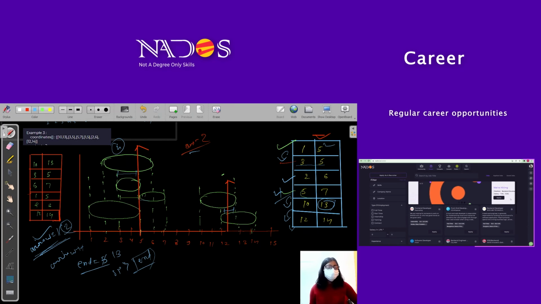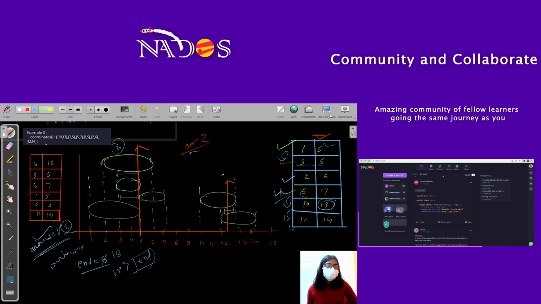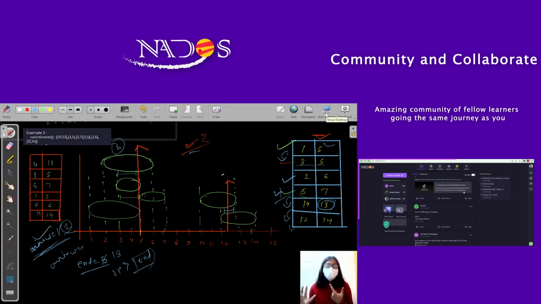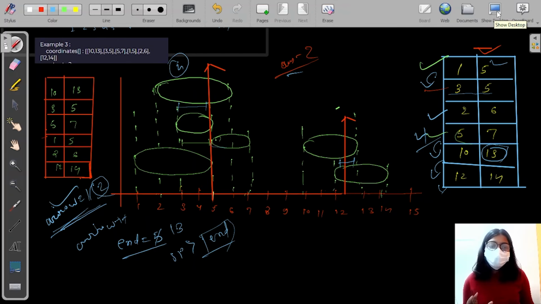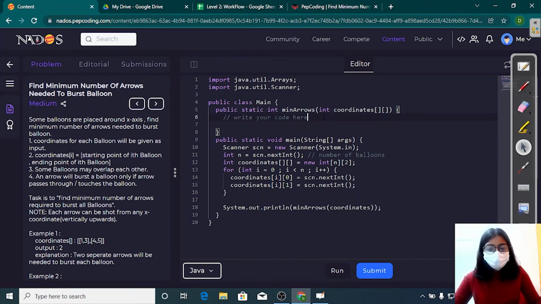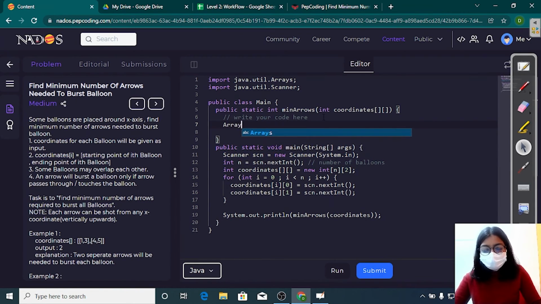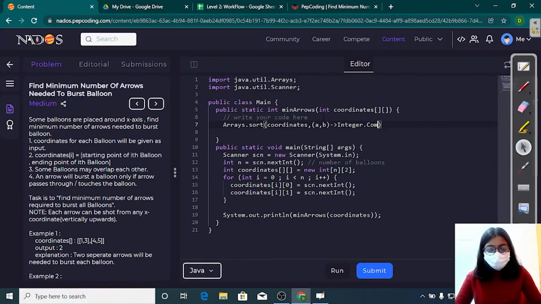All right. So let's write some code. First of all, we have to sort our coordinate array according to the ending point of my balloons, right? So first of all, I will be writing the code here. Arrays.sort(coordinates, (a, b) -> Integer.compare(a[1], b[1])).